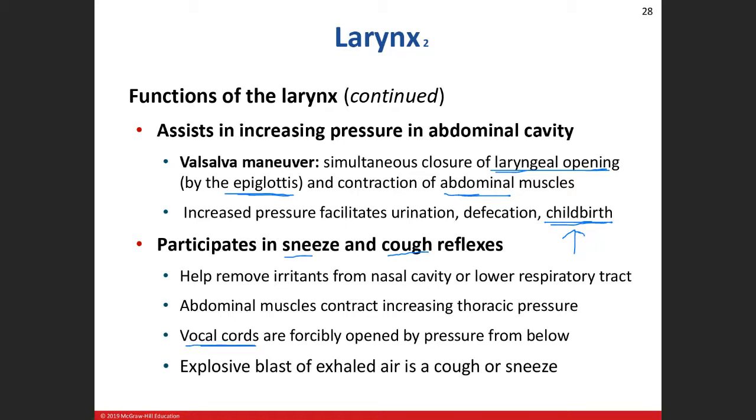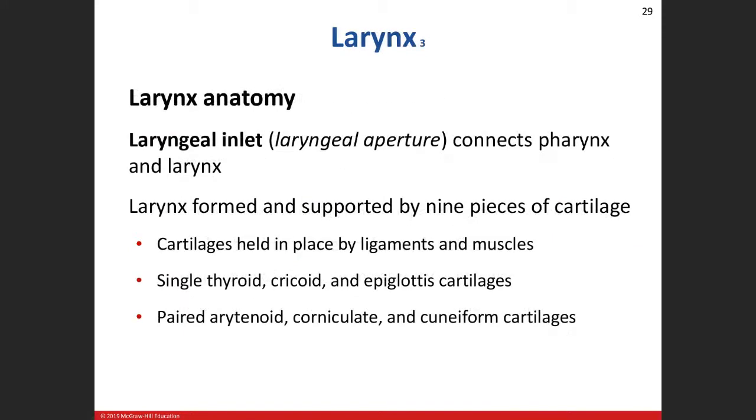It forces the vocal cords to open up, and it's basically, if you've ever used a keyboard cleaner, a compressed air can, and you just spray things. It's the same type of concept. It helps to expel and force that air to make sure that we've cleared whatever that foreign material is that's entered into the opening there.